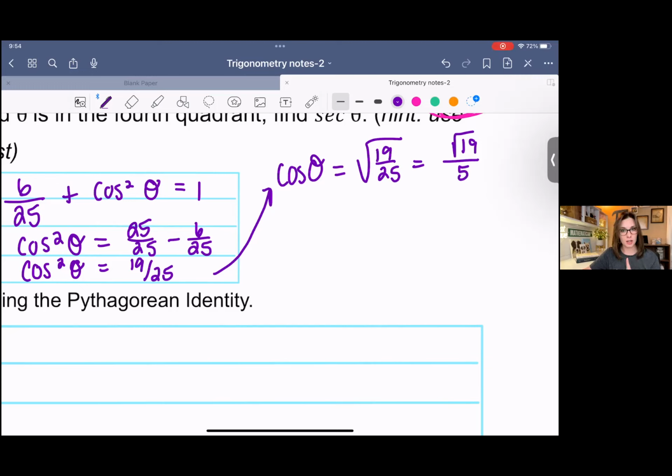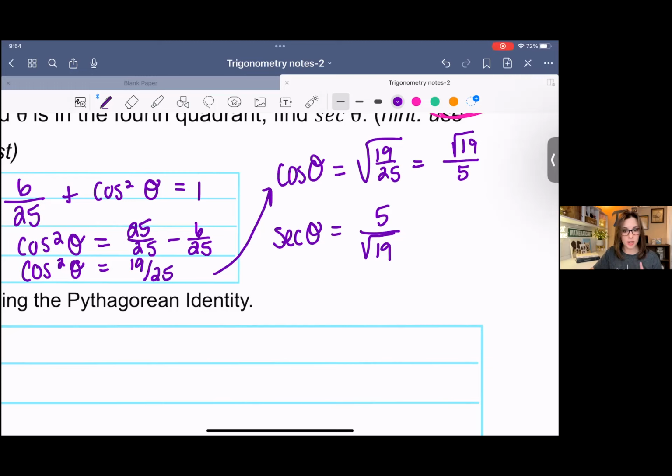But I'm not done. This was asking for secant theta. So I found cosine theta. How can I use that to find secant theta? I'm going to have to use my reciprocal identity. Secant theta is 1 over cosine. So we're going to flip that fraction to get secant. It's the reciprocal. But we don't like the square root in the bottom.